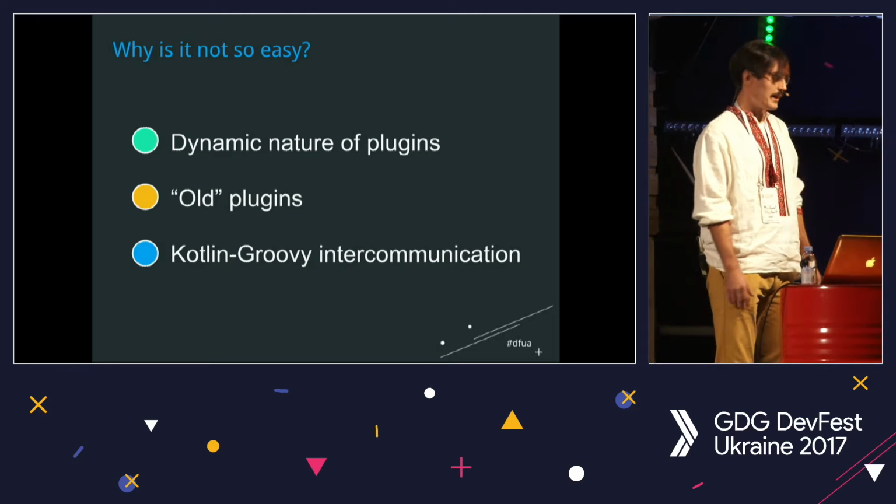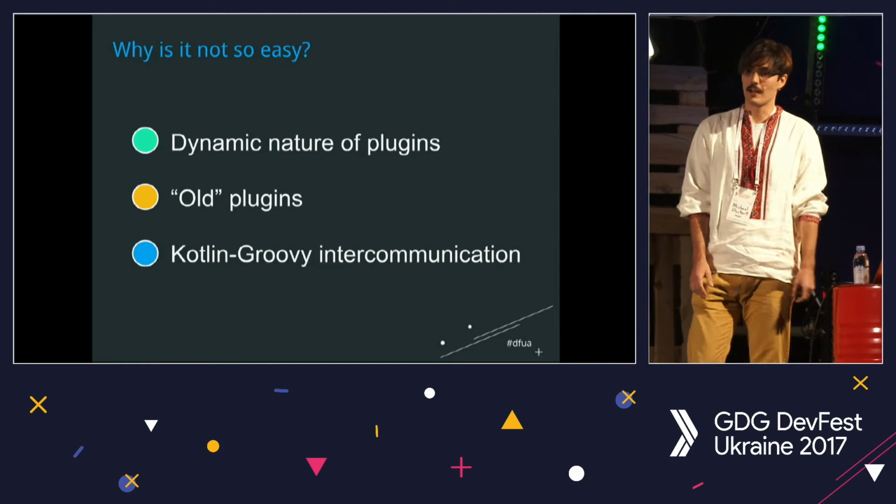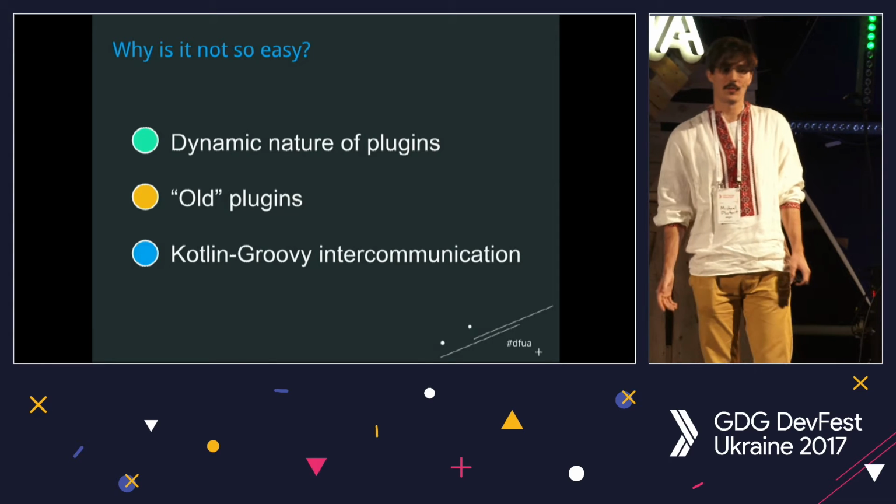Also, there are a lot of plugins that are designed for Groovy, and we should configure them with Kotlin now. So we should have some powerful Kotlin Groovy intercommunication tools.